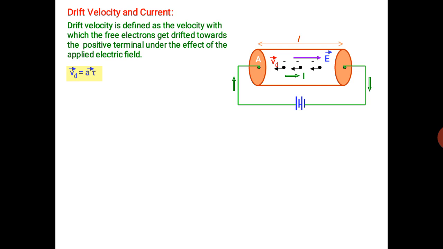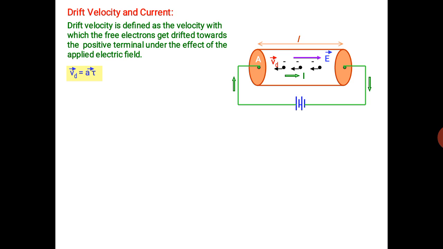This velocity is given by acceleration into time. We already know acceleration means change in velocity by time. Actually, the electron's initial velocity is 0. If you apply the potential difference, the electrons will get drifted.